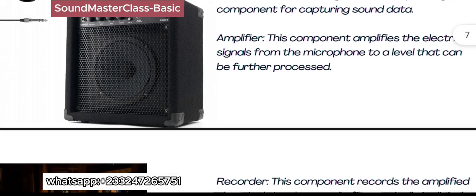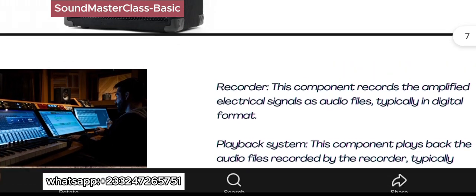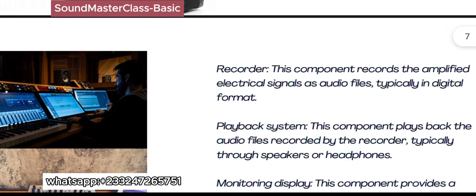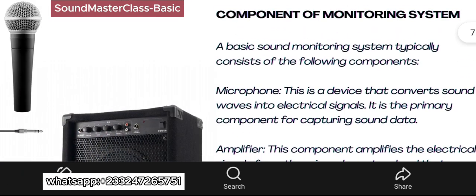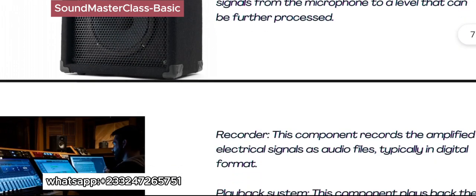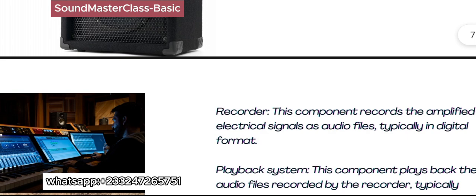Okay, so the next one, we have the recorder. This component records the amplified electrical signals as audio files, typically in digital format. So when you speak into the microphone and it's amplified through the amp or the combo, it's then connected to a computer or a recorder.